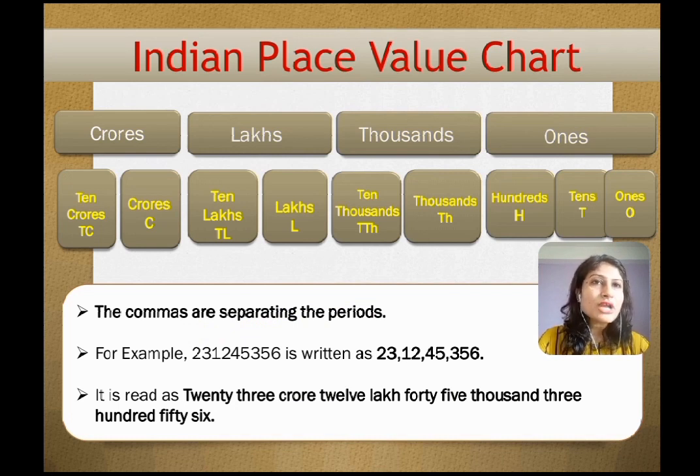So whenever you write these periods, you have to use singular form, right? So we are writing crore, not crores, then lakh, not lakhs, thousand, not thousands, and hundred, not hundreds, right? So remember this thing, whenever you write number name of any numbers, then you have to use singular form of the periods. Okay.